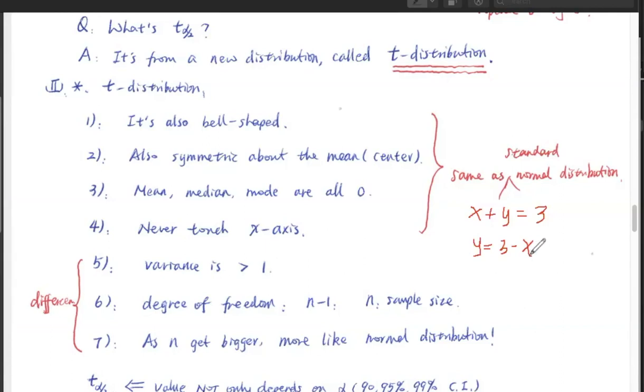So that's somehow where the degree of freedom comes from, because x is free to change, right? X could be anything, right? X equal to 1, y equal to 2, x equal to 2, y equal to 1, right? X is free to change. So that's the concept of where degree of freedom comes from, everybody. So in that case, 2 variables, 1 equation, right?